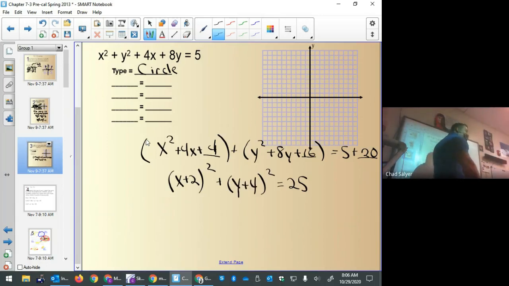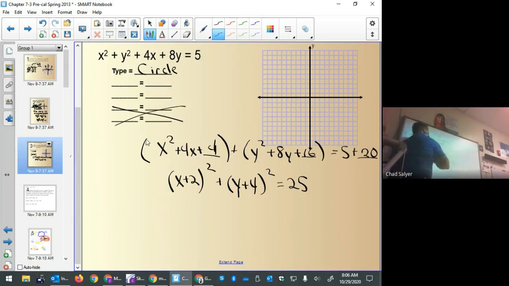So you take the square root of this, and then the sign from the middle term, and then the square root of this. So excellent. Now we got everything we need. So there's only 2 characteristics we concern ourselves with a circle, so we don't need those 4 boxes. Ian, what's the first of the 2 things we're concerned about with a circle? Good. What is the center in this case, Ian?